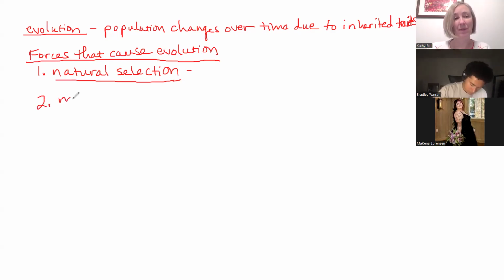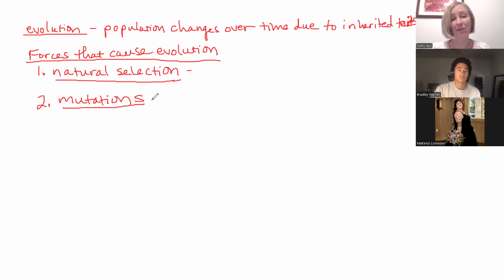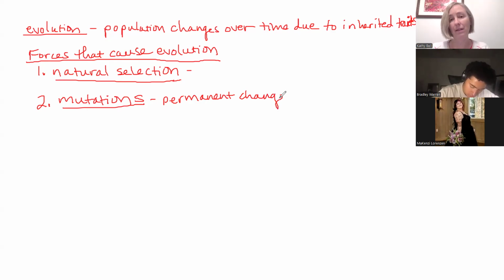And then we have mutations that can cause evolution. Remember, these are just permanent changes in the DNA that happen randomly. Mutations could be good, bad, or neutral.